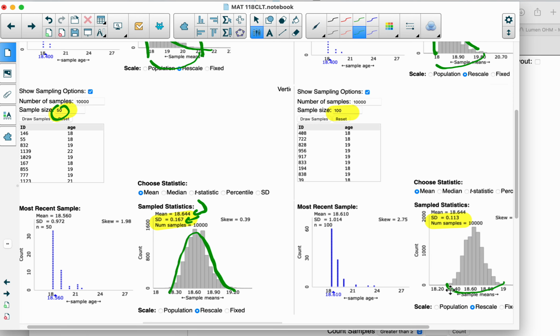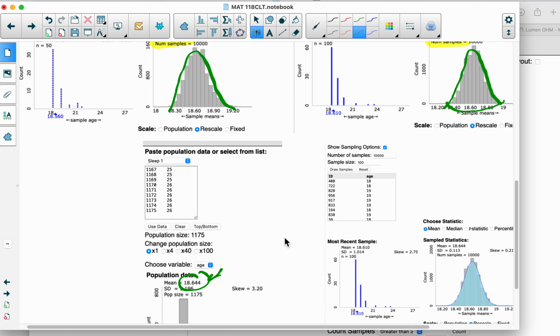This is going from about 18.3 to 18.9, and it's starting to look really normally distributed, and the center of the data is approaching exactly my mu, which is equal to 18.644.